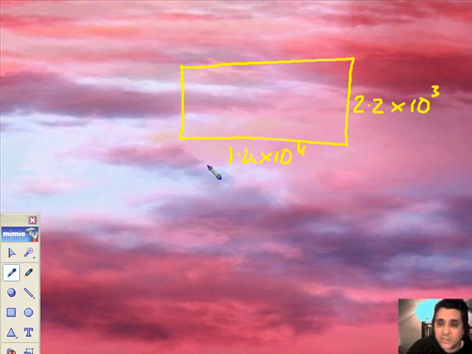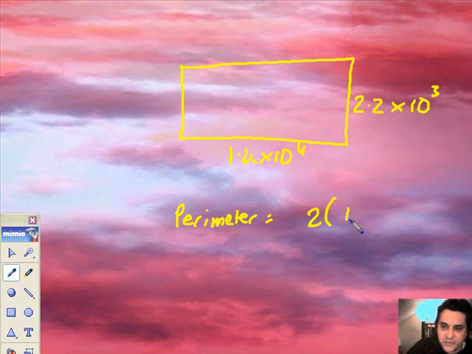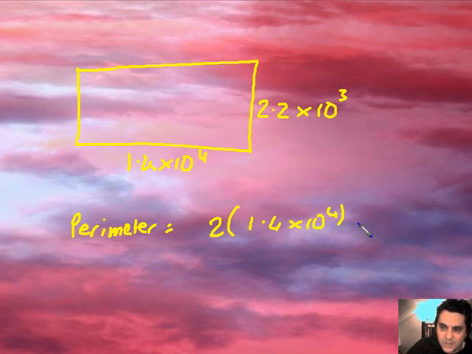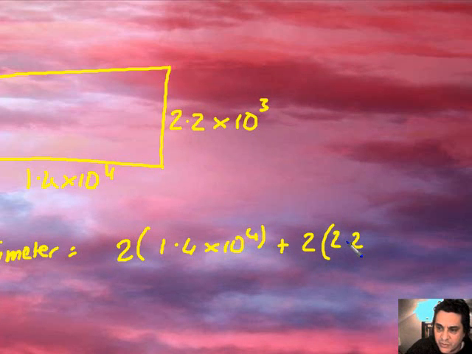Well, the perimeter is the distance all the way around it. So we've got 1.4, and that's there as well, and a 2.2, well, that's there as well. So let's just do the perimeter. I've got 2 lots of 1.4 times 10 to the power of 4, and I've got 2 lots of 2.2, times 10 to the power of 3.